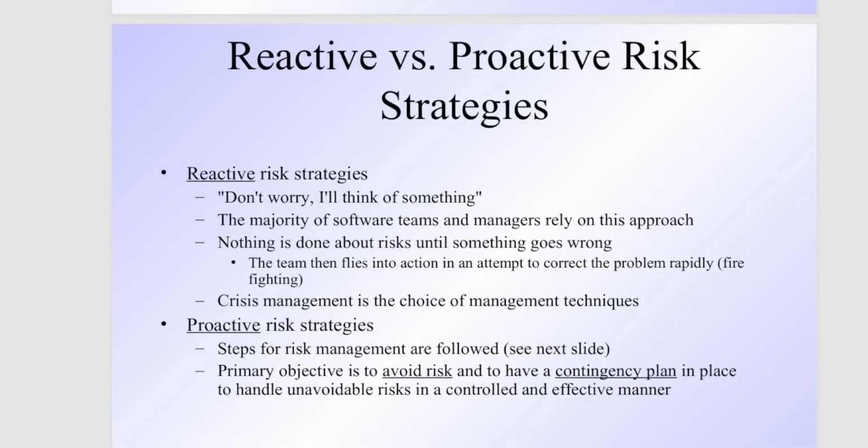Now, based on whatever category you follow, whether business, product, or technical, or whether you go for a known or predictable risk, risk management can overall be divided into two strategies. One is called reactive strategy and the other proactive risk management. Reactive strategy says that don't worry, I will think of something, right?